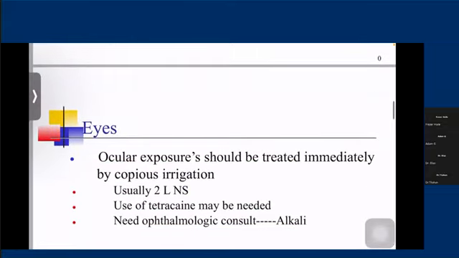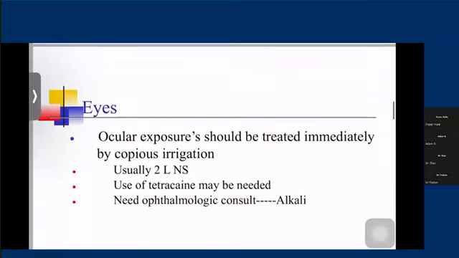Regarding eye decontamination, the eye can also be affected by certain chemical injuries. Alkalis especially are known to cause significant eye injury, because as we know, alkali can cause liquefactive necrosis, so it can cause deep injury.